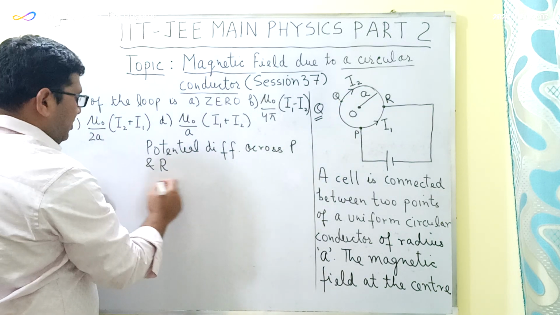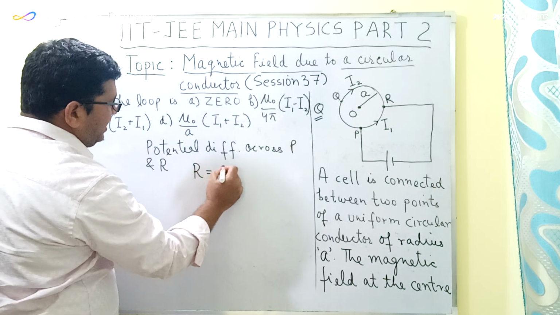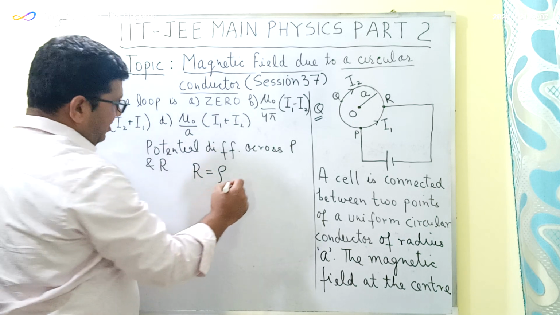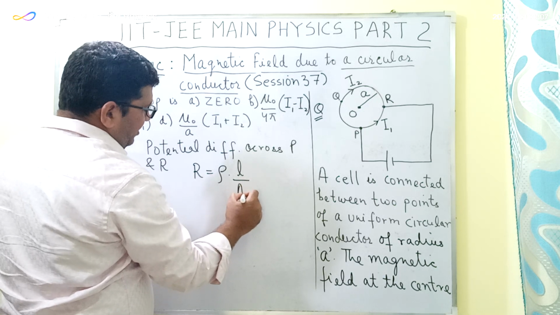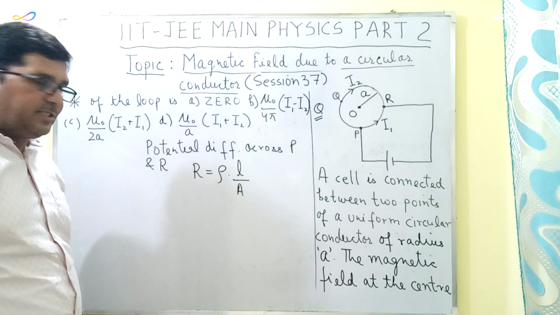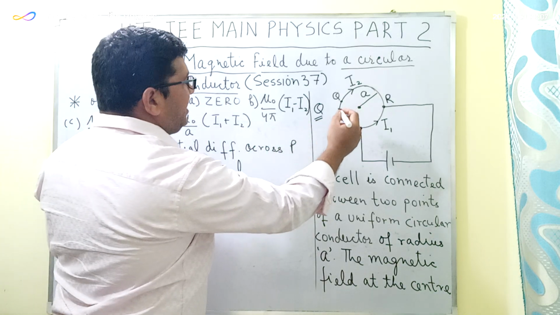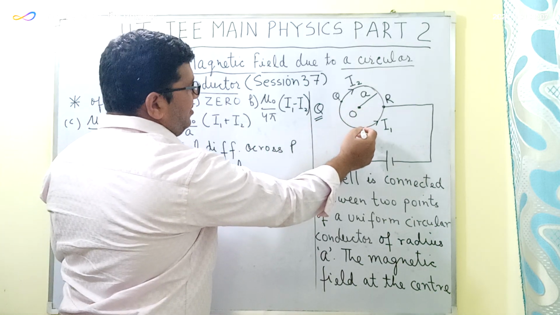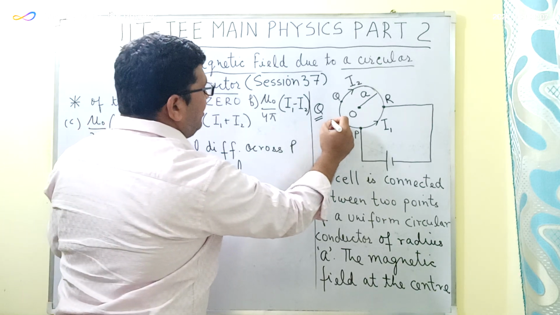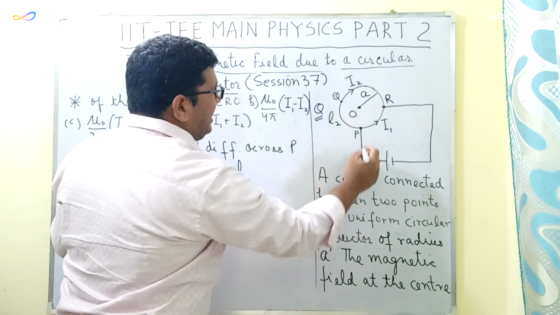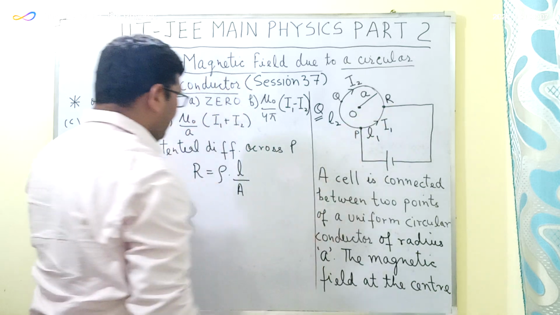We know that the resistance is equal to the resistivity of a material multiplied by the length of the conductor divided by the area of cross section. Here I am taking the length of the arc PQR as L2 and the length of the arc PR as L1.